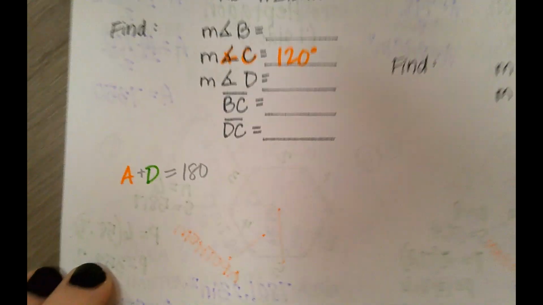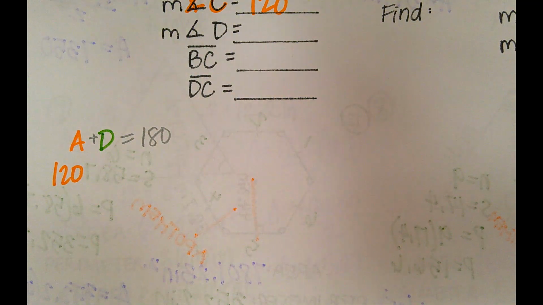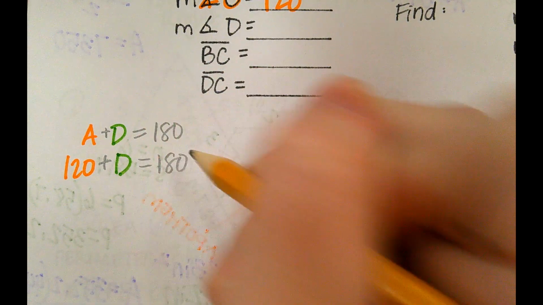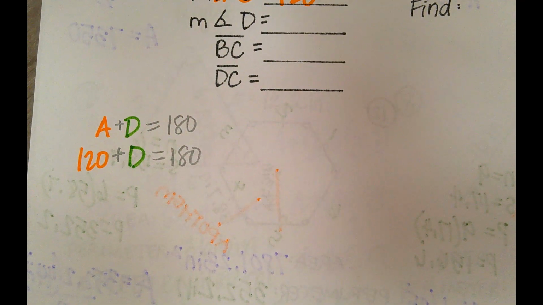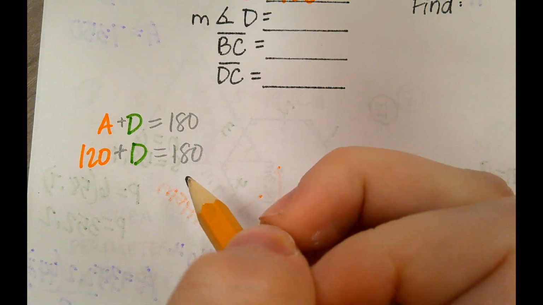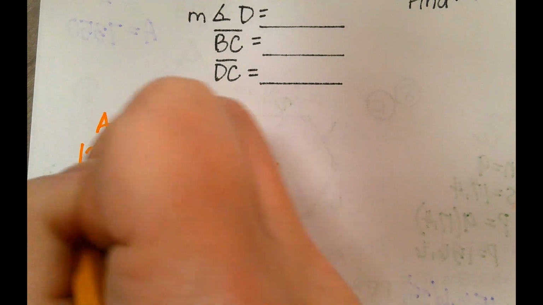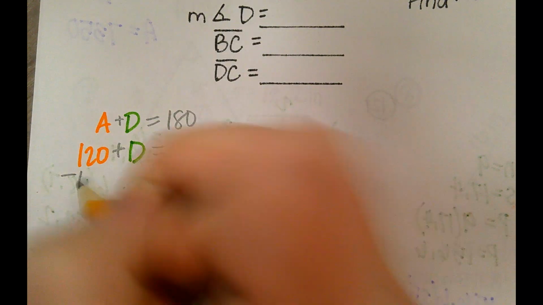So I'm going to zoom in here. A plus D equals 180. I already know that angle A is 120. And so how would I solve for D from here? Well, I'll subtract 120. Good.